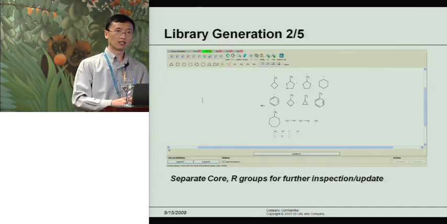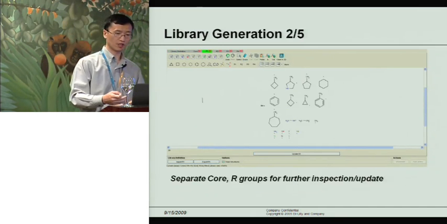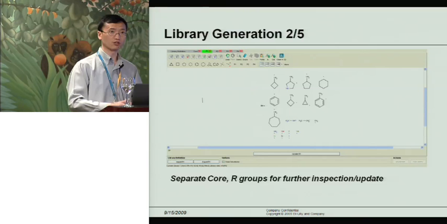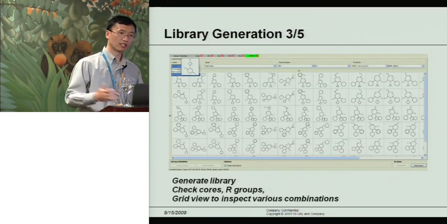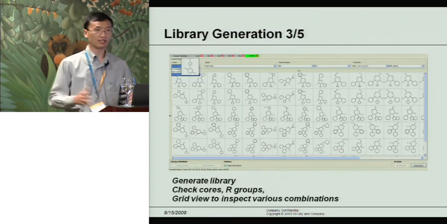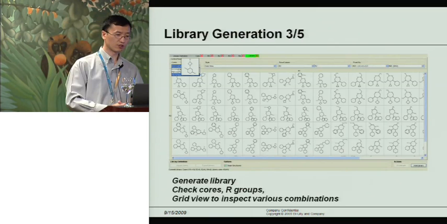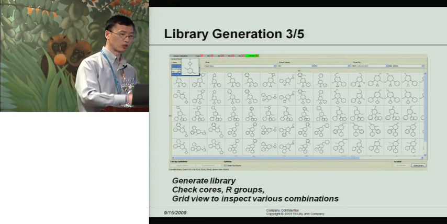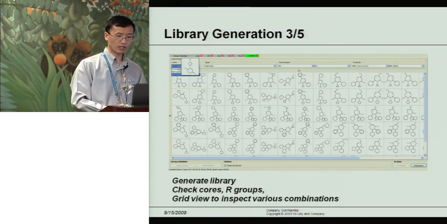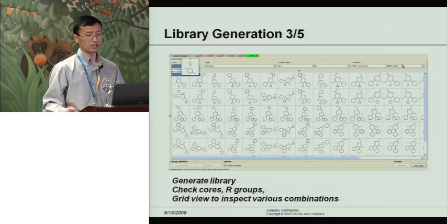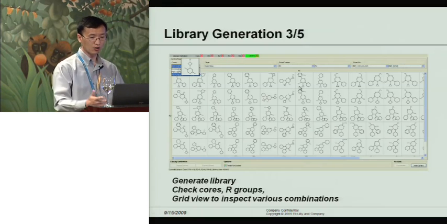At this point, the user can say, okay, I want to remove one of them, or add an additional R group, whatever they want. After that, you enumerate, and you get this nice, great-looking library. It's really a snapshot of your library, and you can show which R group and which core group you used. Depending on how many R groups you have, you can switch from R1 to R3, and the structure is updated accordingly.